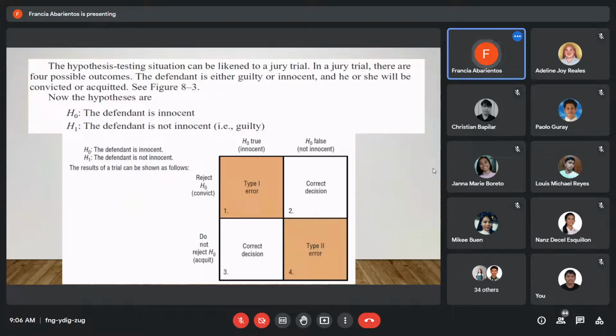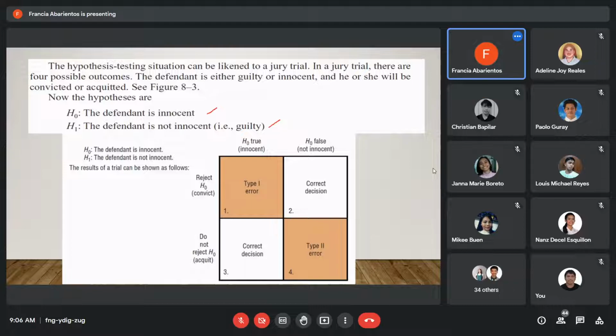For example, the hypothesis testing situation can be compared to a jury trial. In a jury trial, there are 4 possible outcomes. The defendant is either guilty or not guilty, so he or she will be convicted or acquitted. So, your hypothesis is the defendant is innocent. Okay? The defendant is not innocent is your alternative hypothesis.